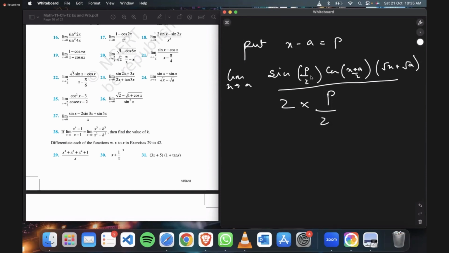When limit x is tending to a, p is tending to 0. So for this part only, I'm just writing for that. When x will tend to a, p will tend to 0. Alright, you can see it from here. So limit p tends to 0, right?